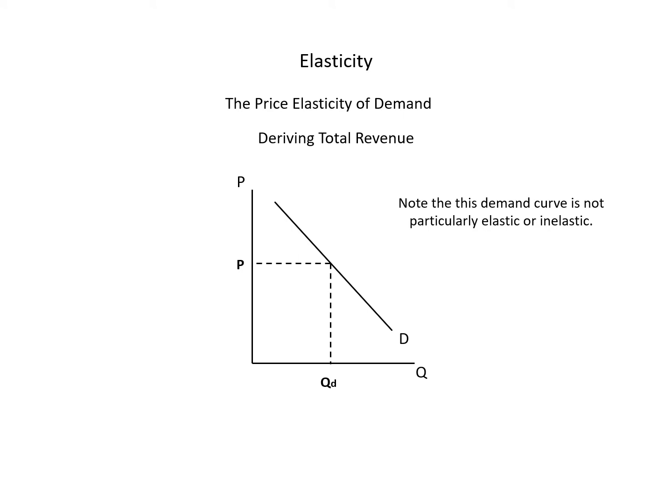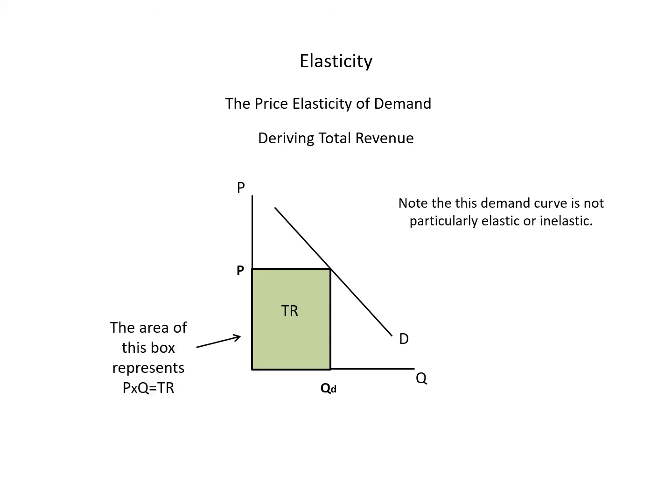We'll just kind of randomly select a price-quantity combination. This one seems pretty convenient. As it turns out, when we multiply price by quantity, we get the area of this box. We might just call this the total revenue box.